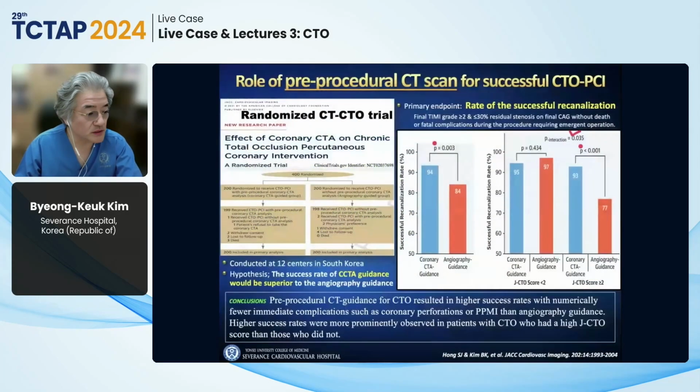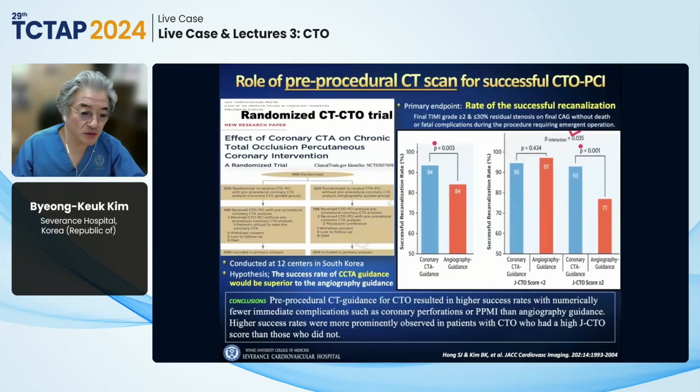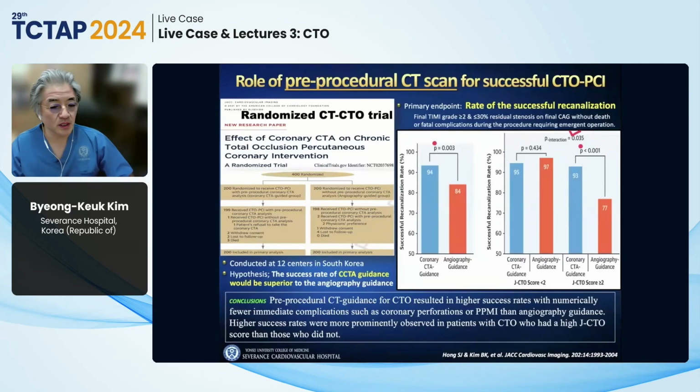When you look at the result of the CT-CTO randomized trial, which was mainly conducted at Korean CTO centers, it evaluated the effect of pre-procedural CT scan on procedure success by a random comparison between CT-guided CTO versus conventional angiography-guided CTO PCI. A total of 400 patients were enrolled and success rate was compared.